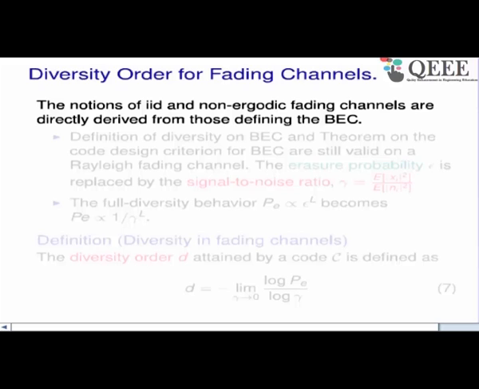Epsilon power L or epsilon power N or epsilon power d min, remember that. Okay, visualize that. So diversity order is very important in an erasure channel. Now we link that to the fading channel, because we now have a link from the previous definition between a fading channel and an erasure channel.